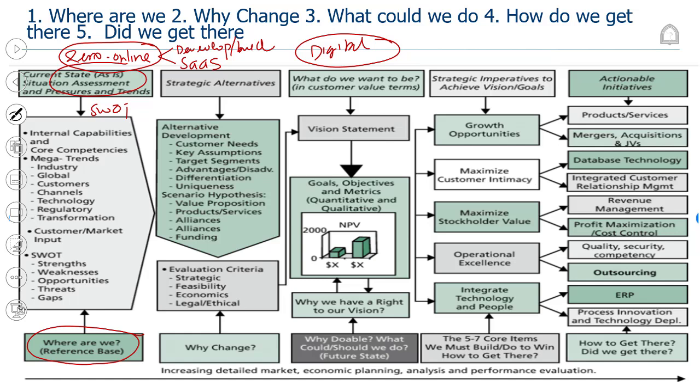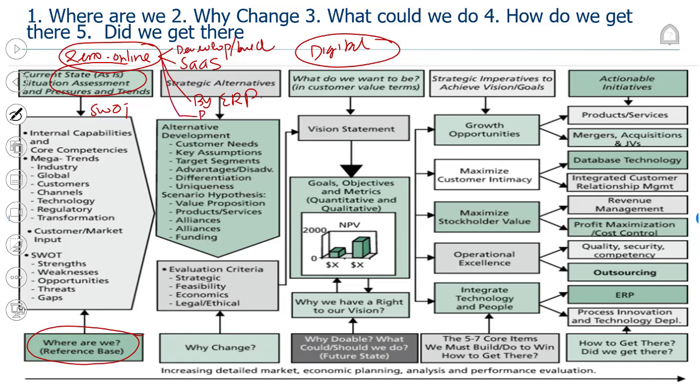We can buy a software that can actually help us to do that. Okay, so we are not actually doing the development. The other way, maybe we can buy an ERP. Okay. The other way, maybe we can partner with somebody.